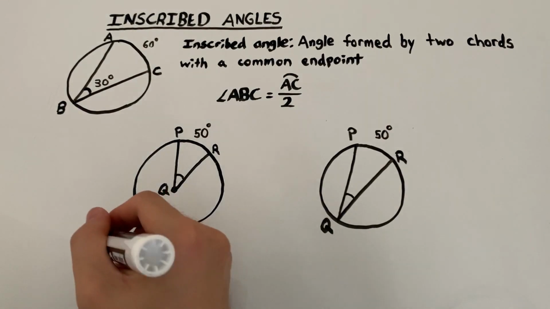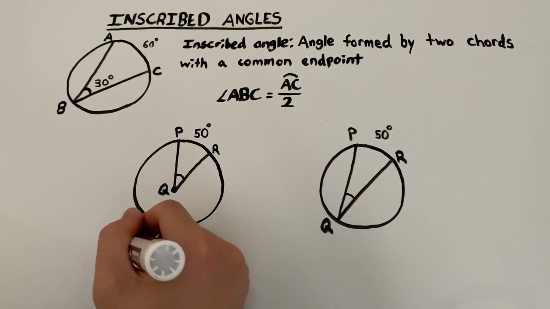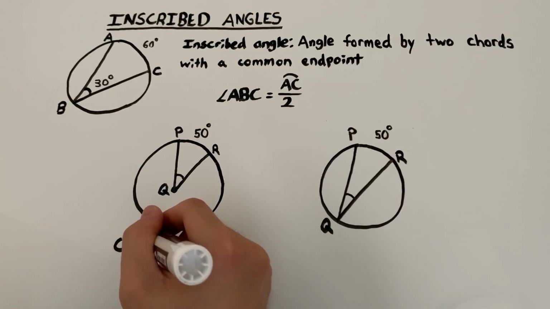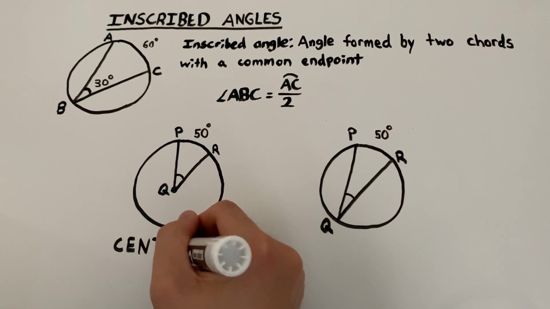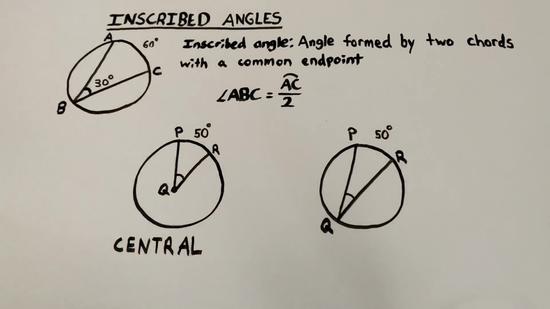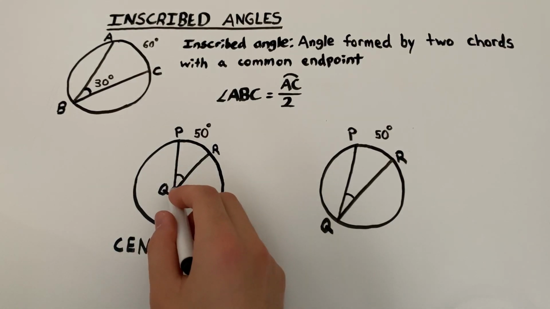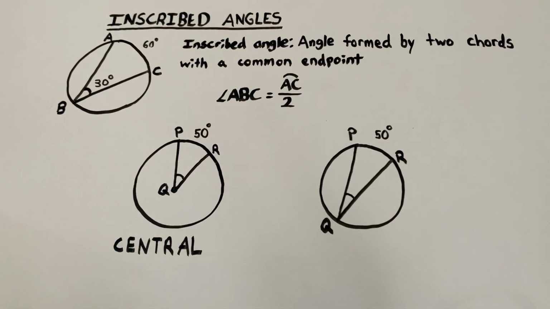This is actually called a central angle. A central angle just means that the vertex of the angle is located at the center of the circle. And central angles are always equal to the arc that they cut off.